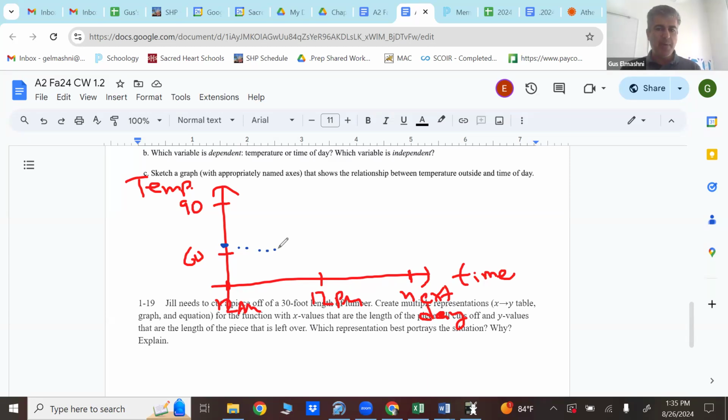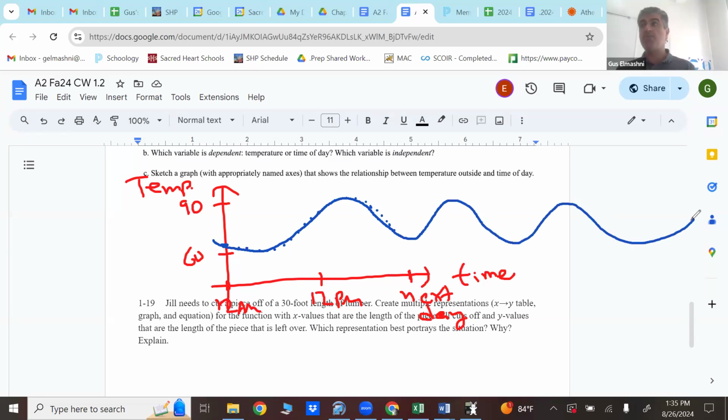And then starts heating up, right? Then it starts cooling down a little bit as we get close to the evening. So my guess is that it probably looks something kind of like this. It's kind of wavy. It's definitely not straight, that's for sure.